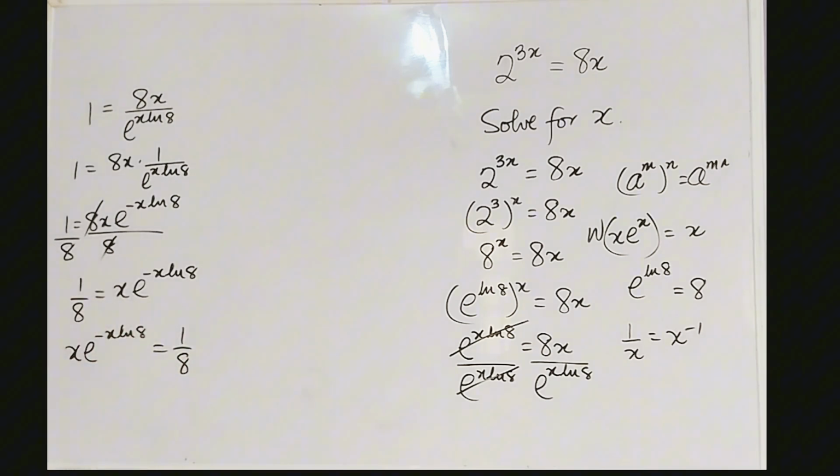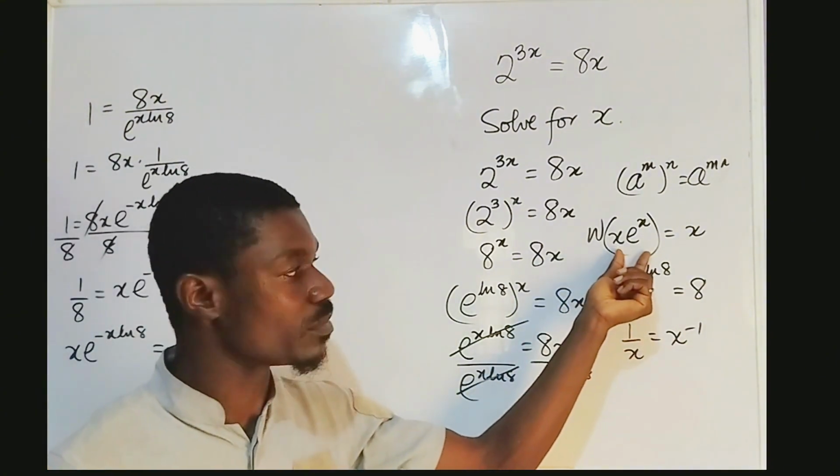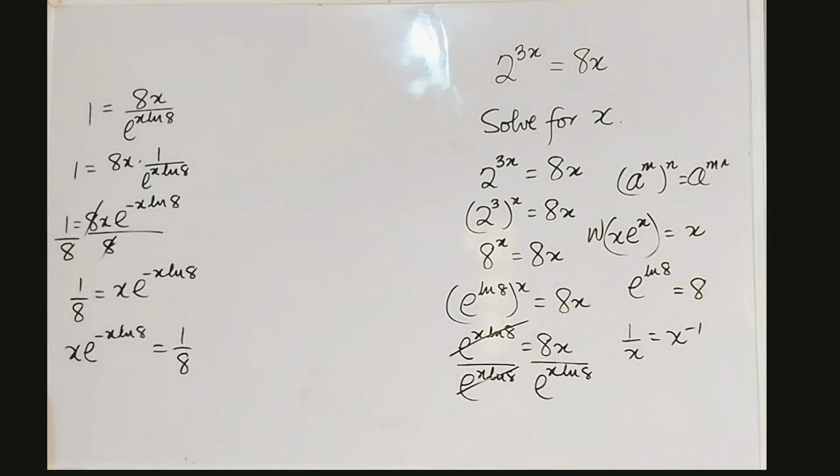Alright, now if we take a look at the left hand side, you can see it's becoming similar to this. But in this case, the exponent here is negative x ln 8, and the base here is just x. So how do we make this x the same thing as the exponent? What we need to do is to multiply both sides by negative ln 8.